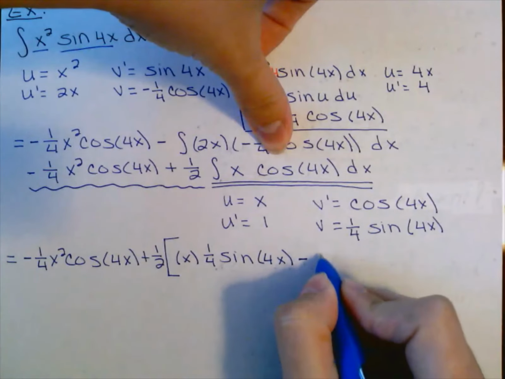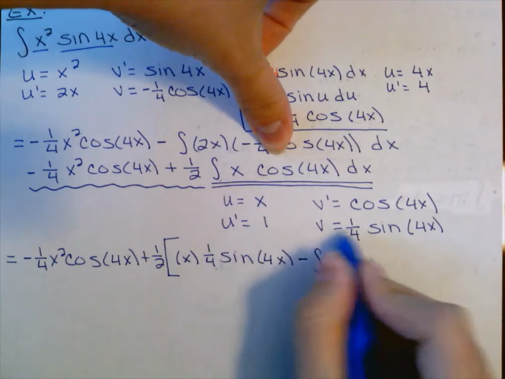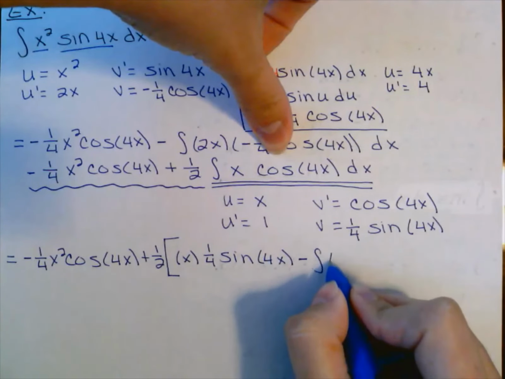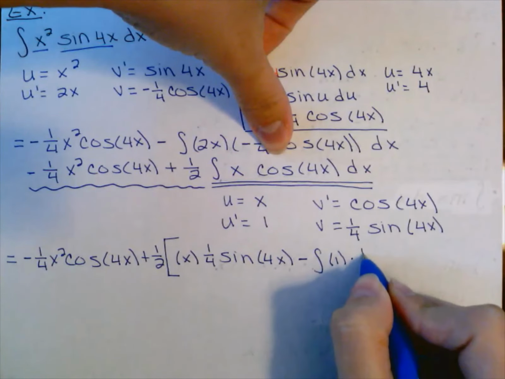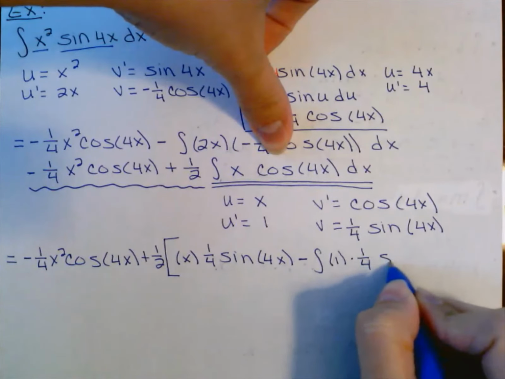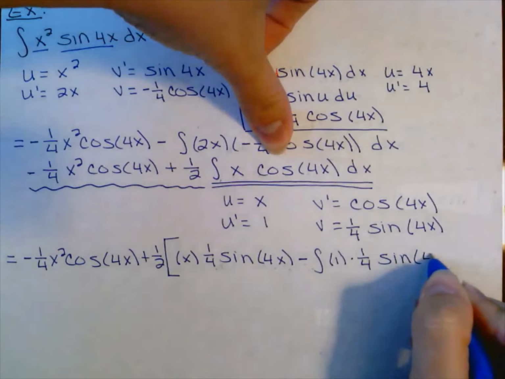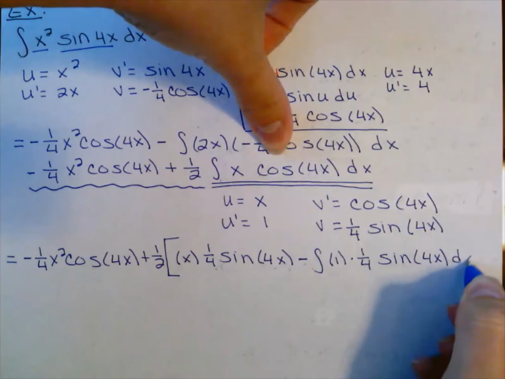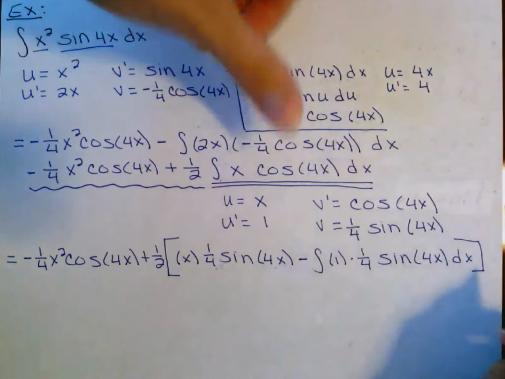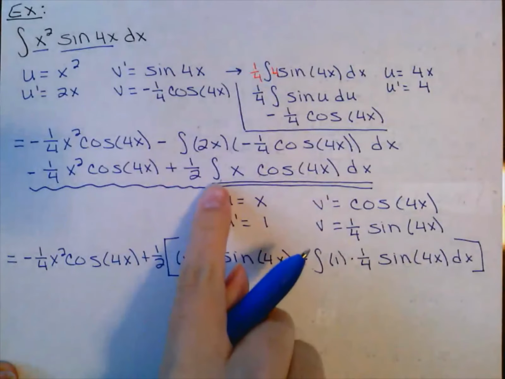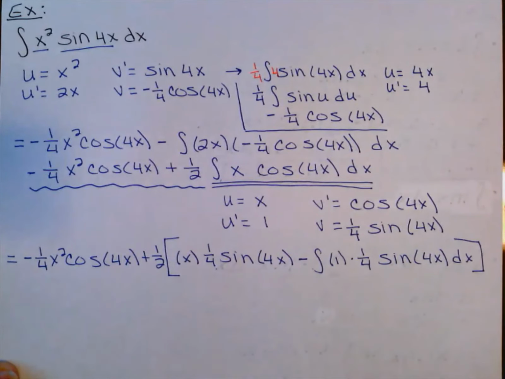Then minus the integral of these two being multiplied, which is 1 times 1/4 sine of 4x dx, and now I can close my bracket. You see how this 1/2 is going to get multiplied to the entire answer of that?